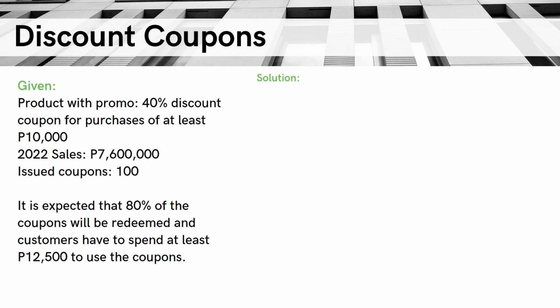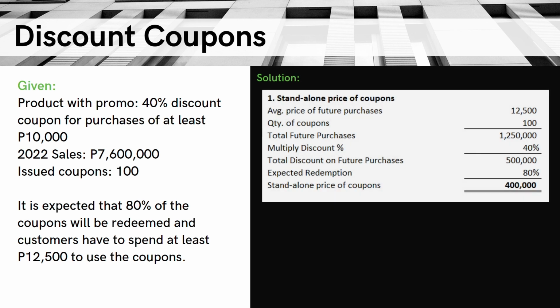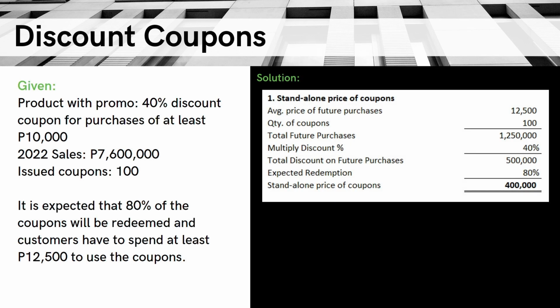First is the computation of the standalone price. The same as before, the average price of the future purchases, which is the value of the coupon, 12,500, you multiply by the number of coupons issued. So, that's 100, for a total future purchases of 1,250,000. And then, you multiply by the discount rate.